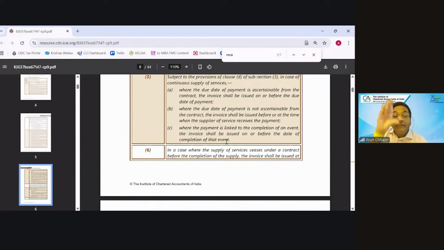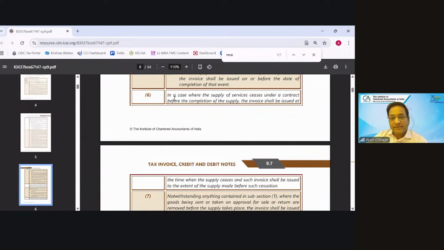Something like that. It means if the contract to purchase the flat under construction does not have a due date of payment which is ascertainable, and if that contract is linked to the completion of an event, then payment is linked to the completion of an event, and the invoice has to be issued on or before the date of the completion of that event. Clause 6: in case when the supply of the service ceases under a contract, it means Mr. A has received the contract for completion of service for 1 year, but after 2 months, the contract has been cancelled by the customer as per the terms.